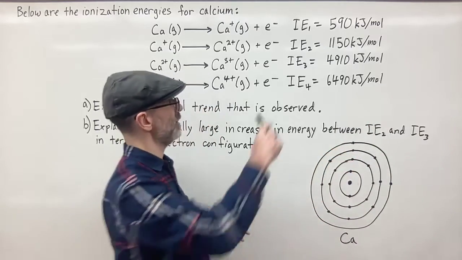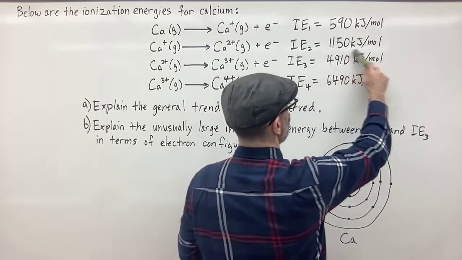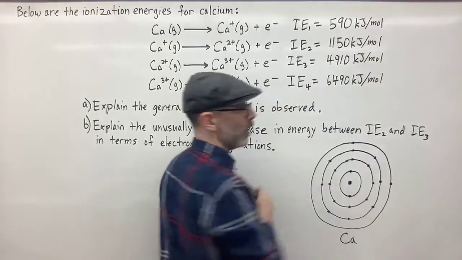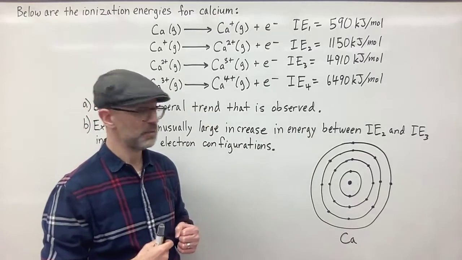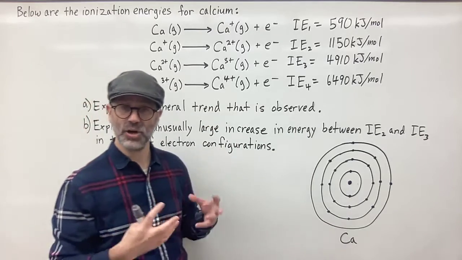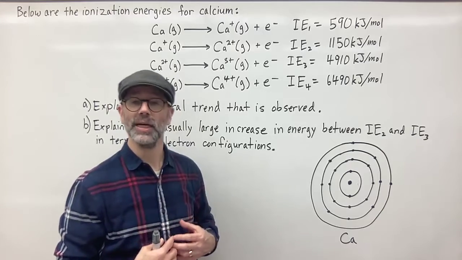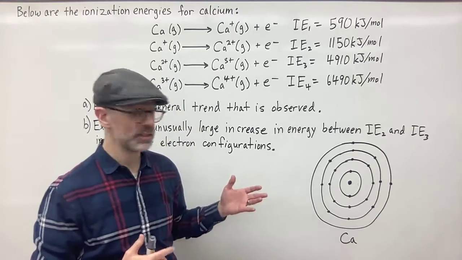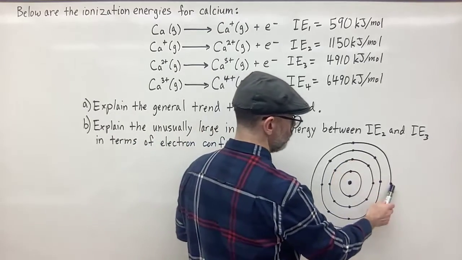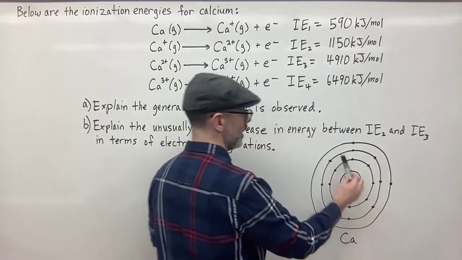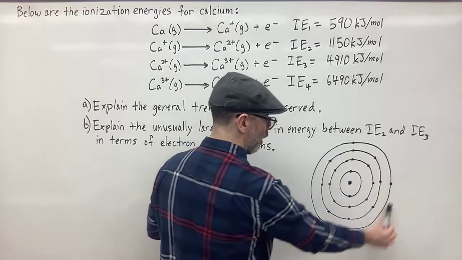Okay, so then the second electron will require more energy to remove, because that electron is feeling a greater force than the first electron is. Now, if you remove the first two electrons, then this outer shell is empty.